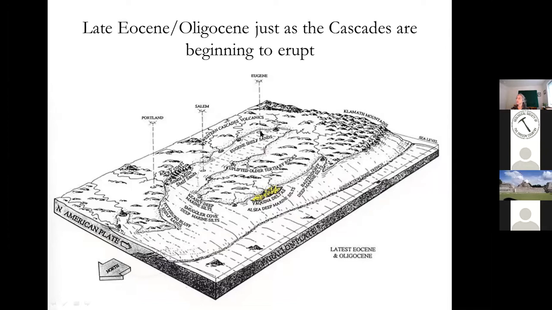And in fact, modern day Eugene and Salem are still underwater. Portland is largely underwater, but it's got some Boring volcanics from the Boring area. They're not boring, they're very interesting, but we've got some local volcanics going on here as well.